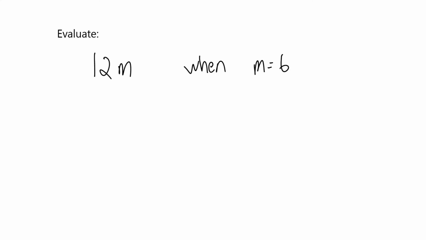In algebraic expressions, there is one type of operation that does not require a symbol, and that's multiplication. Whenever you have an expression with a number and a variable without anything in between, you automatically assume that this is a multiplication operation.